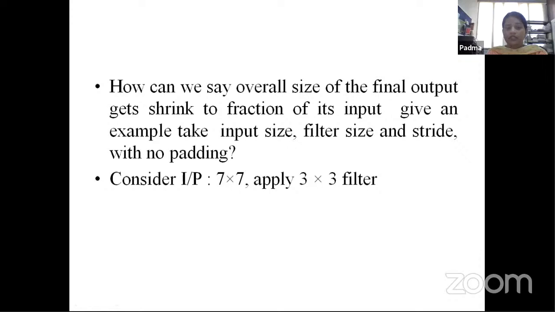So what we will do is take the filter and convolve it over the entire image from left to right and top to bottom, right? We start applying this filter from the leftmost part of the input image, that is 7 cross 7.